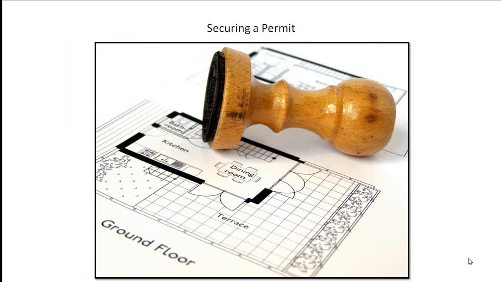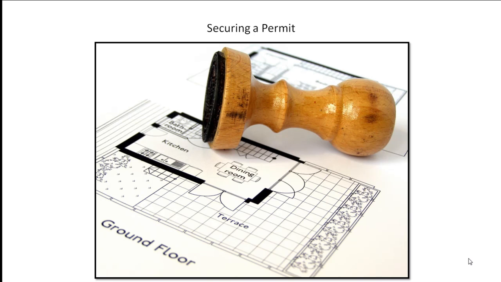Securing a permit. To start the process of ensuring that your PV installation will comply with the local building code, you or your installer must submit an application for a permit. Permits for PV systems cover electrical wiring and all the electronic components of a system you'll be installing, such as inverters, charge controllers, and safety disconnects.